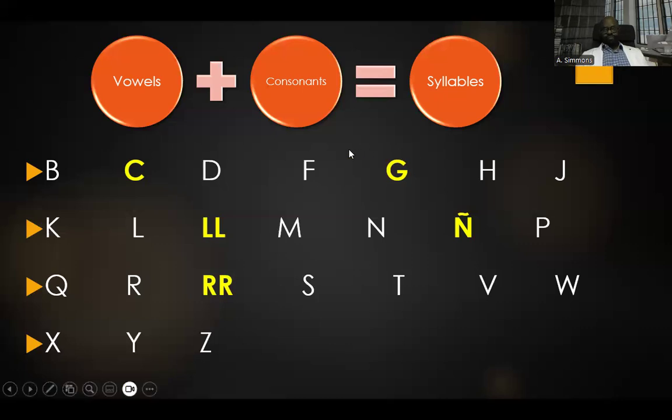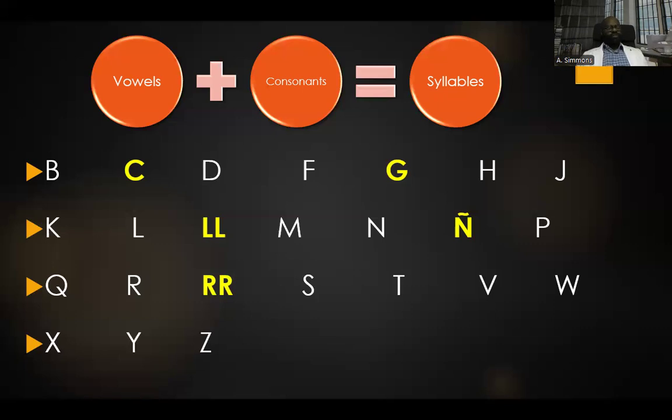Look, these are the ones we're going to go over. The B, the C, the D. There should be a CH there. Matter of fact, there should be CH, but we'll go through that. Because in certain places, you don't have the CH.